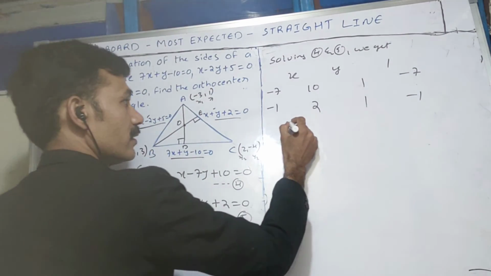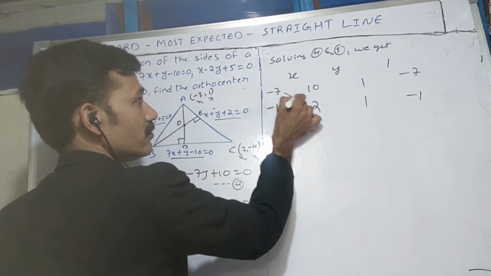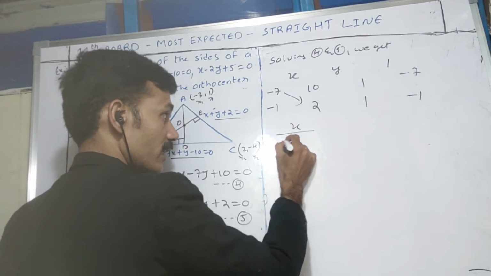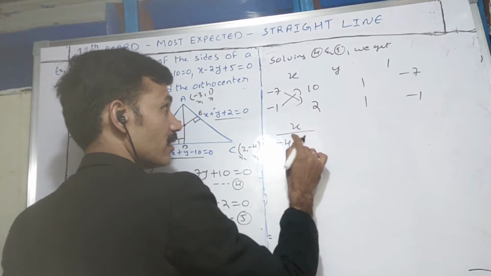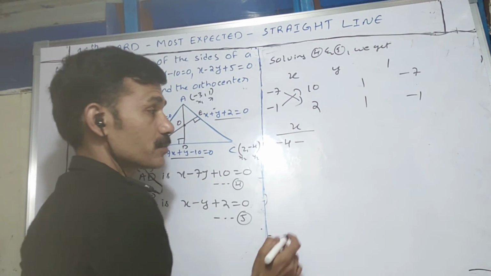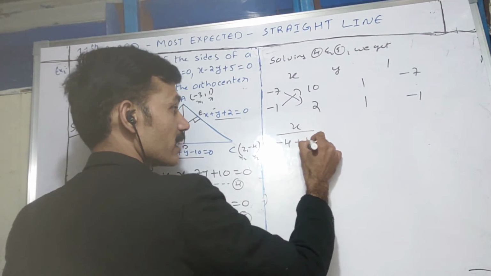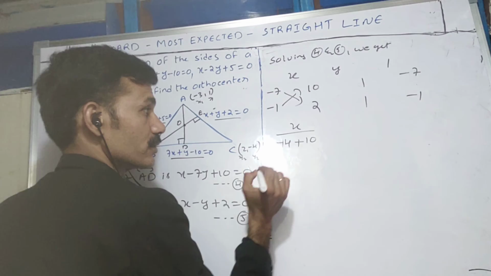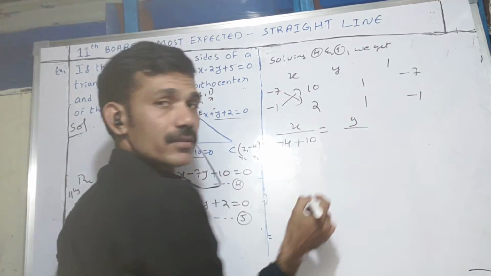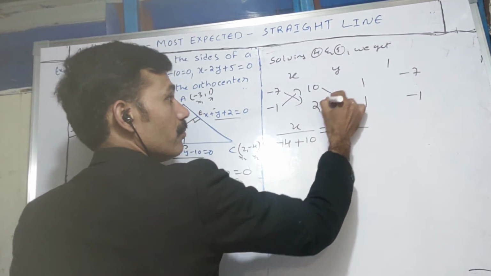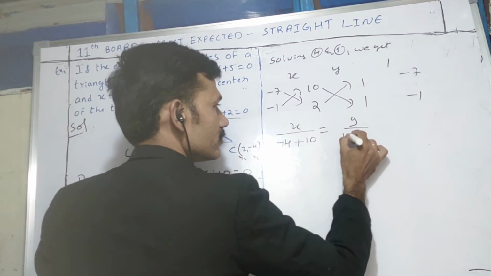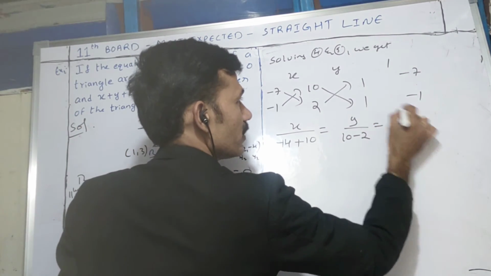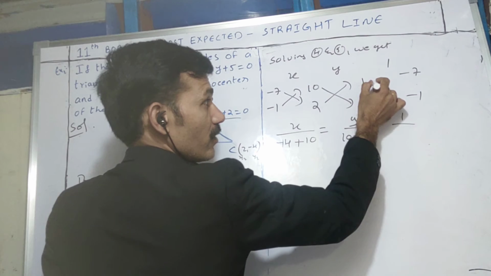Next, see how we will get x upon: minus 14, minus of minus 10 gives this product, so we'll get plus 10. You see here 14, sorry. Y upon the same, 10 minus 2. Here we have to do cross multiplication.